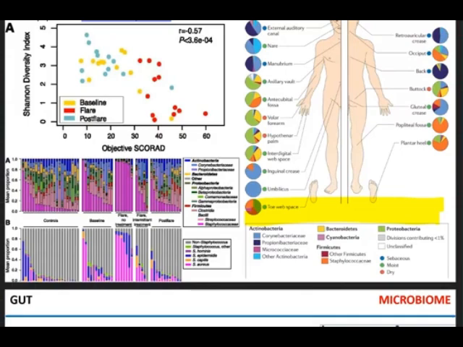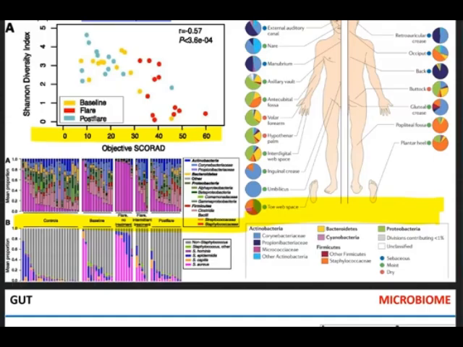Now, how is this microbiome associated with the disease? So I'm going to comment on the data. We're not going to totally explain what's going on. So what you see in this panel and these panels is the association between microorganisms found in the skin in people who have atopic dermatitis. Okay?